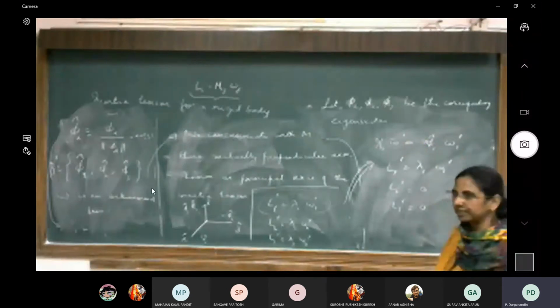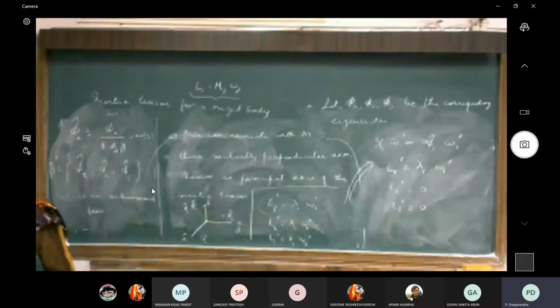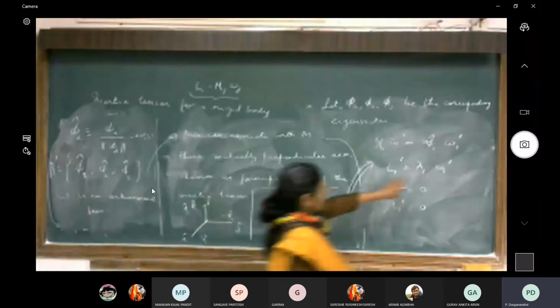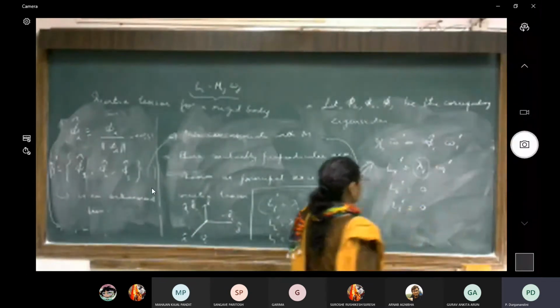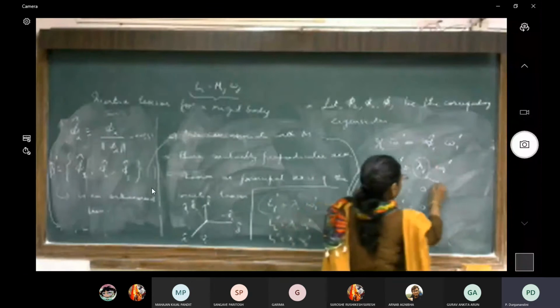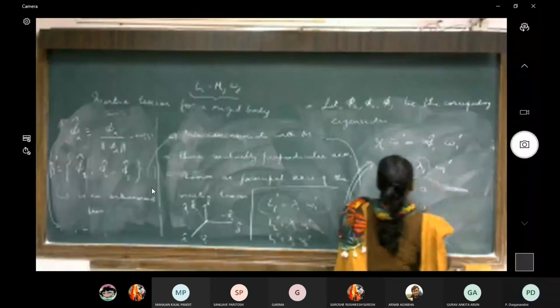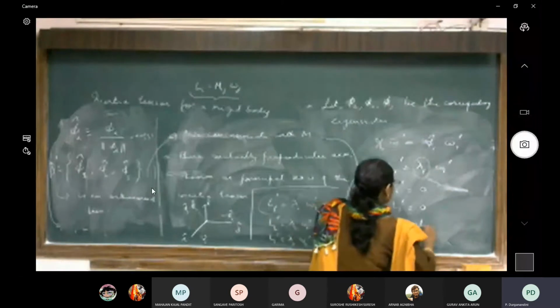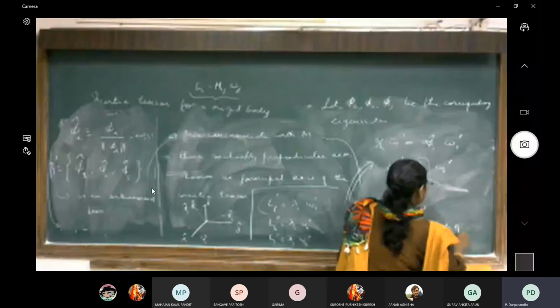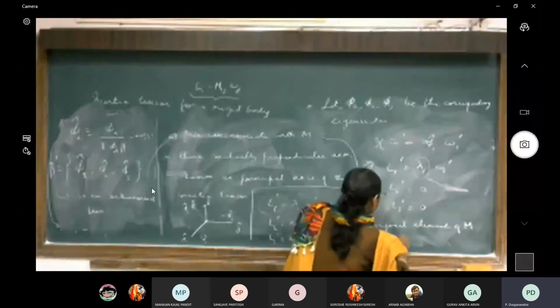Then the angular momentum is only along that axis, and its value will depend upon the angular frequency and this lambda 1. The diagonal elements of M are called the moments of inertia.